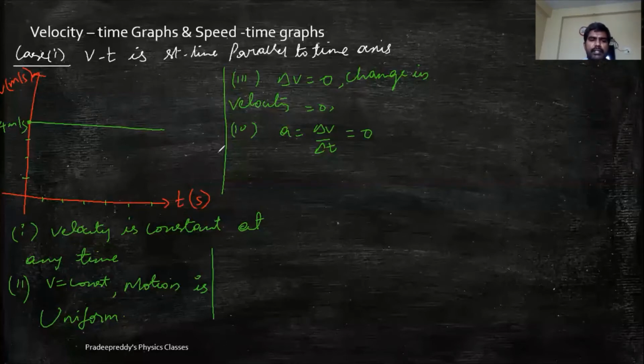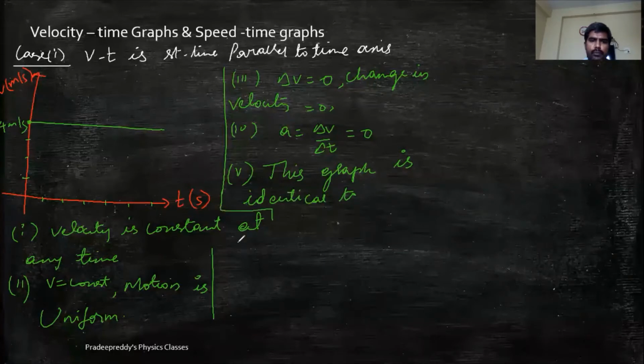So if the VT graph is a straight line parallel to the time axis, it means the body is moving with uniform velocity and the motion is uniform motion. And remember that this graph is identical to case 2 of the ST graph.